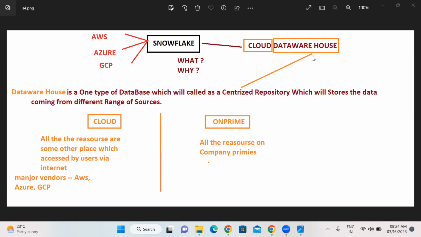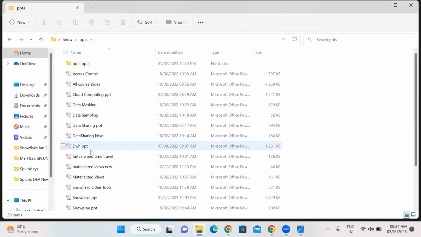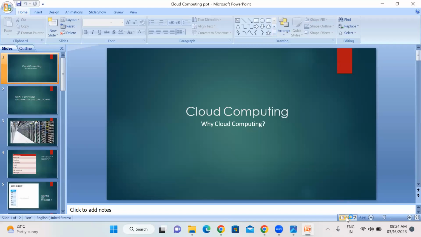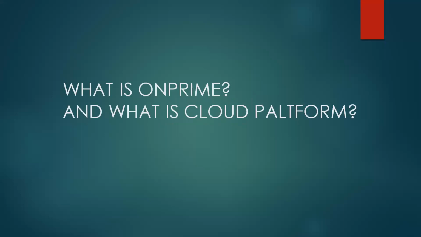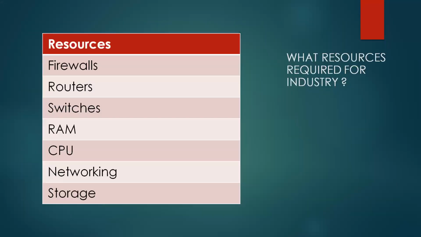So now the topic is, what is the main difference between cloud and on-prem? What is on-prem and what is a cloud platform? What resources are required for industry?